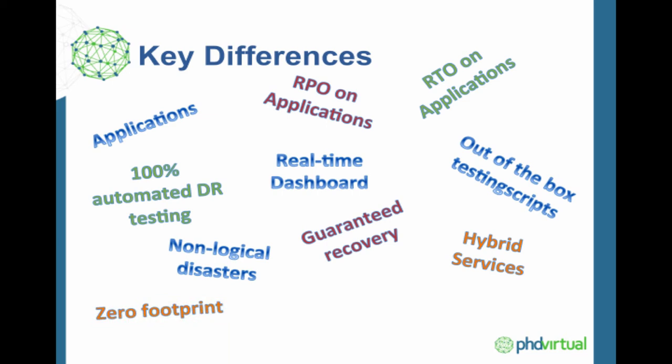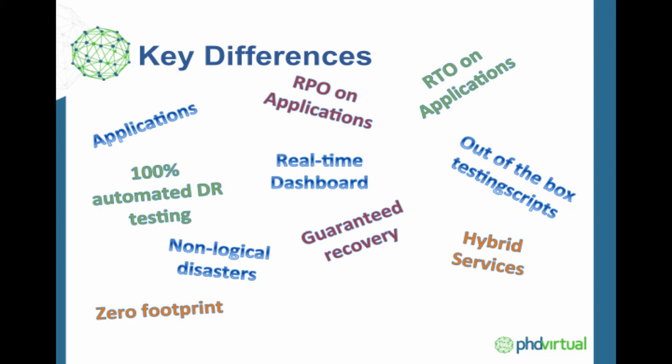We have zero footprint inside the virtual machines. So to install the product, you can just have a single server sat in the secondary site, so in the DR site. We don't need to have multiple management servers. We can just use the vCenters and the VIX interfaces and the VMware tools that are built into VMware's product set.